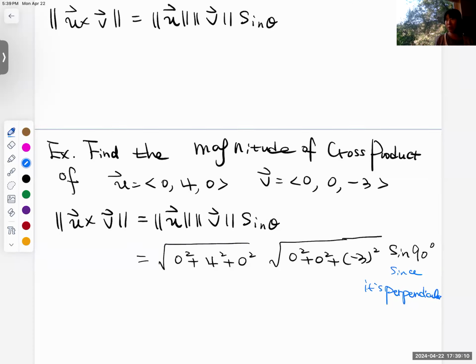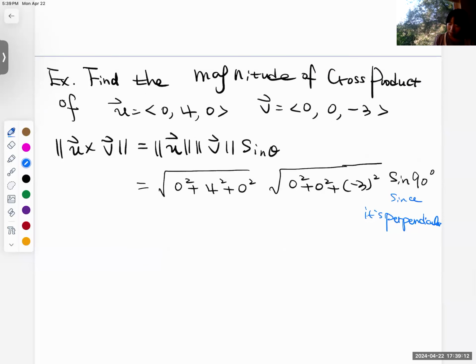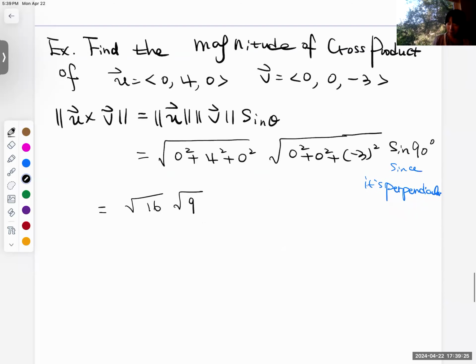Okay, so it's a 90 degree, right? So can you please calculate what you get? 4 squared, which is 16, 9. And then sine 90 degree, what do you get? Is it 0 or 1?